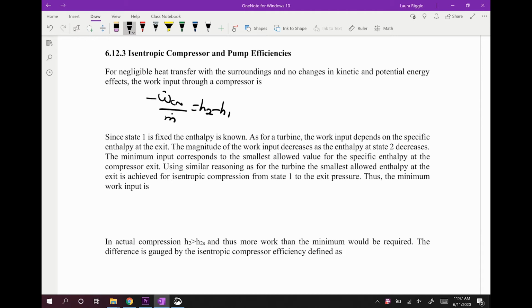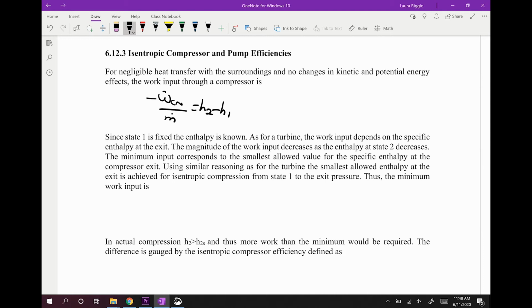Just like for turbines, state 1 is fixed, and the work depends on the enthalpy at the exit. The magnitude of the work decreases as the enthalpy at state 2 decreases. So our minimum input corresponds to the smallest allowed value for the specific enthalpy at the compressor exit.